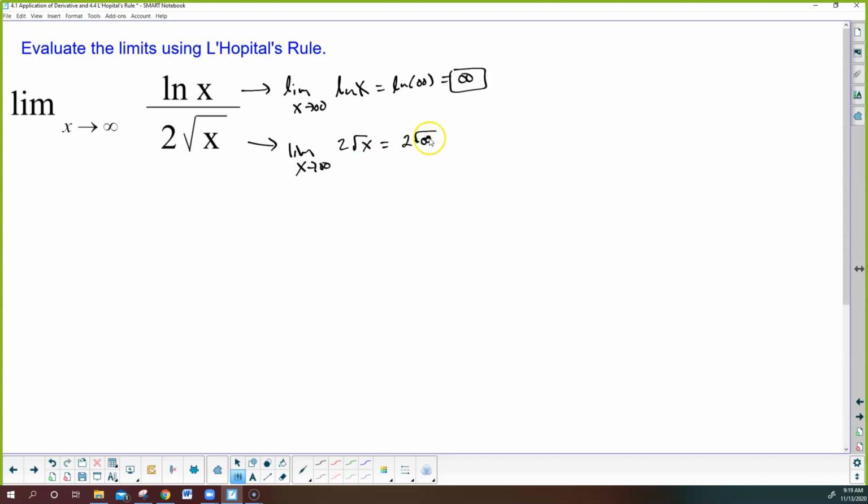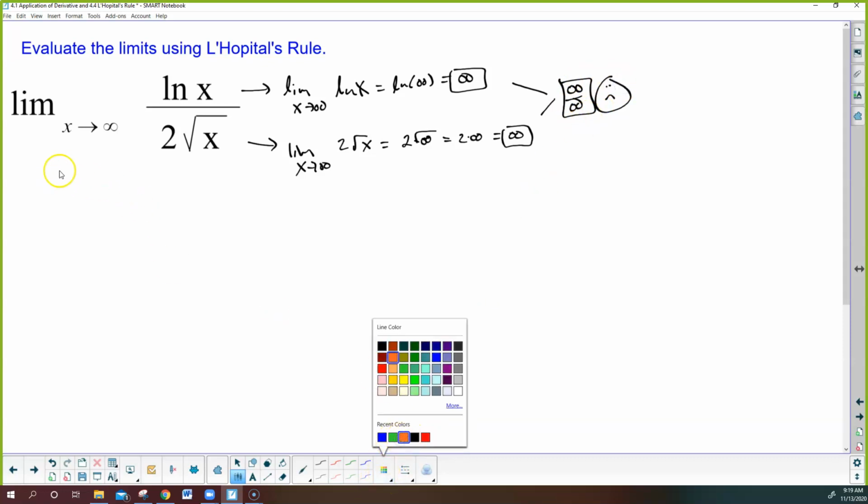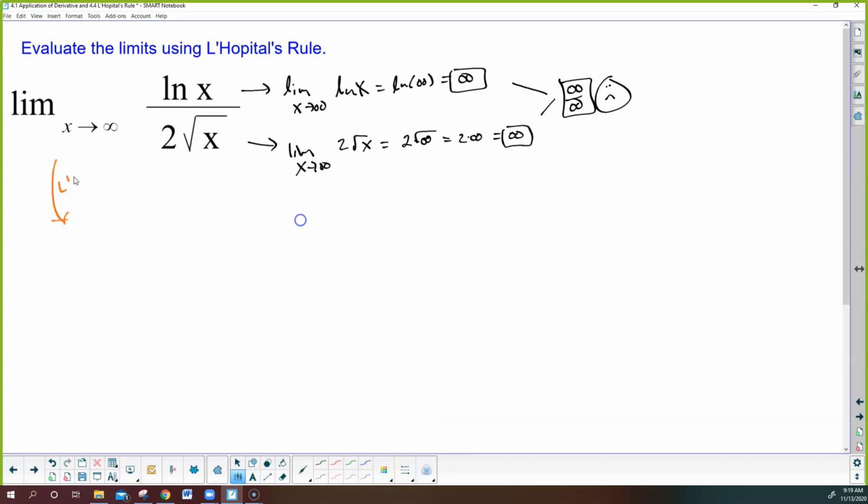Well, the square root of infinity is still infinity, and 2 times infinity is infinity, so when I compare those, I get the indeterminate form, right?